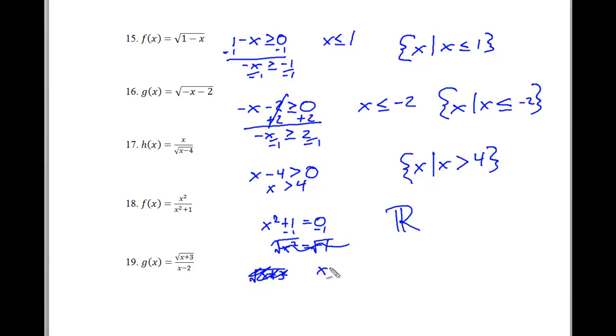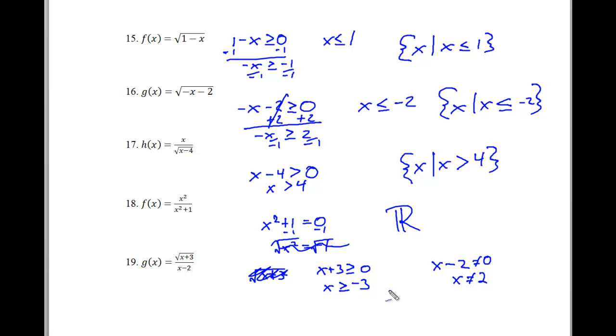So x plus 3 is greater than or equal to 0, which means x has to be greater than or equal to negative 3. So for any value bigger than negative 3, I will get a radical that's positive or 0. Now, notice that in my denominator I have x minus 2, so I have to set that not equal to 0. I move the 2 to the other side, so x cannot be equal to 2.